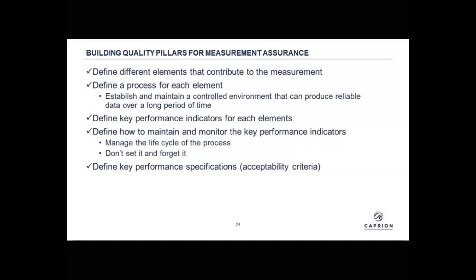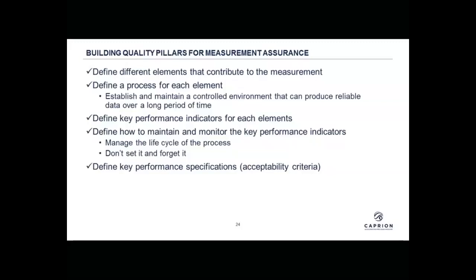We need to define performance indicators for each of those elements. And we need to define how to maintain and monitor the performance indicators. So what we want to do is manage the life cycle of our process. This isn't one of those set it and forget it processes. So we need to define our key performance specifications, so our acceptability criteria.